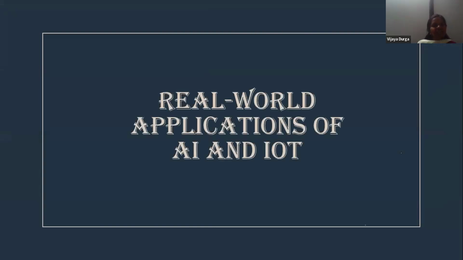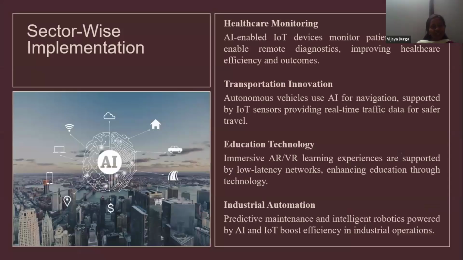Then real world applications of AI and IoT, sector-wise implementation. First, healthcare monitoring: AI-enabled IoT devices monitor patient vitals and enable remote diagnosis. So it improves efficiency, and it can provide comfort to the patients and also to the doctors. They can easily diagnose the problem.